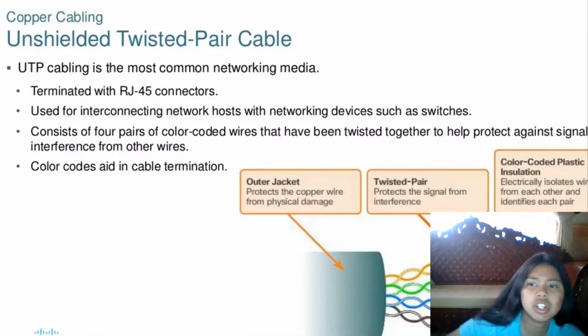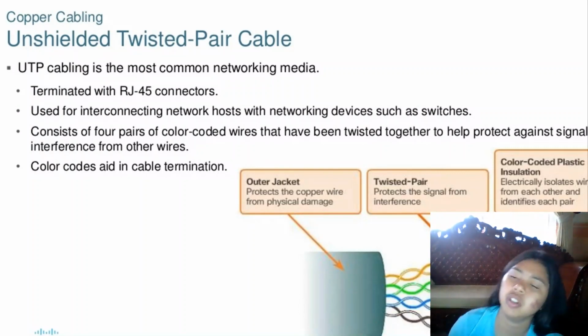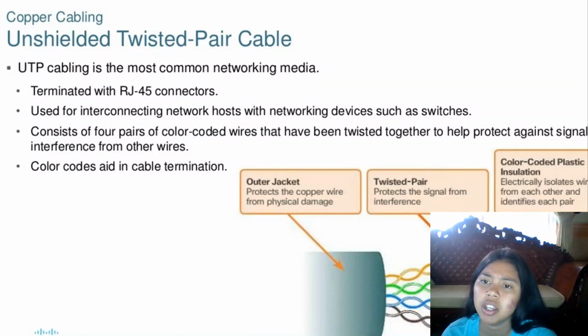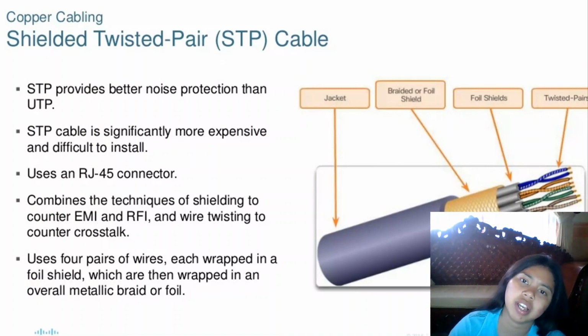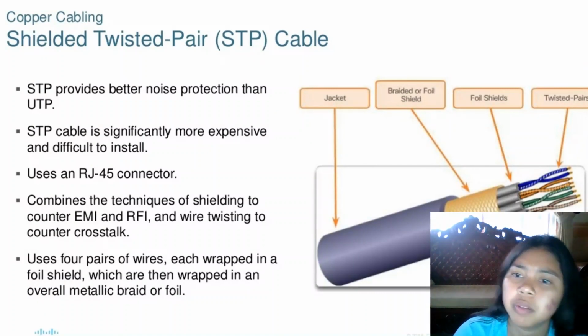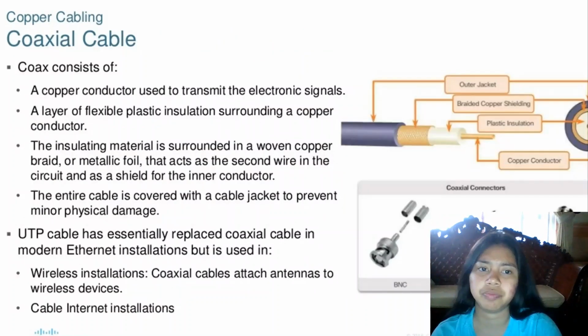UTP, unshielded twisted pair cable. UTP cabling is the most common networking media. The shielded twisted pair STP cable has better noise protection than the UTP.